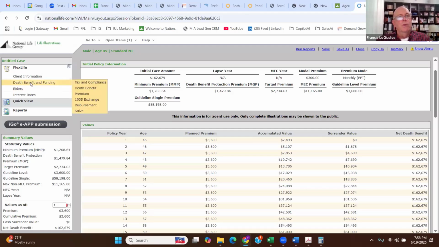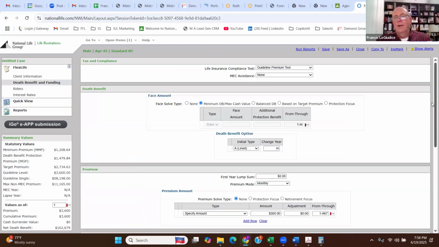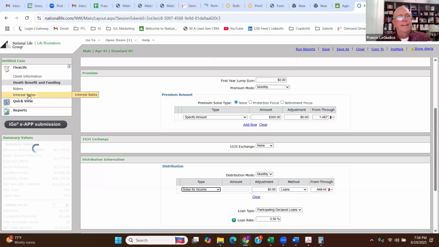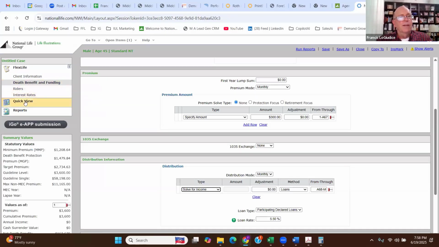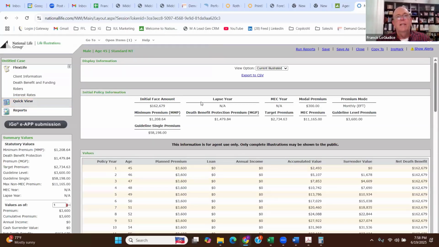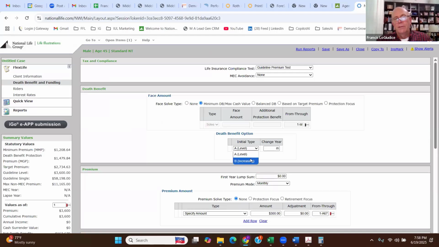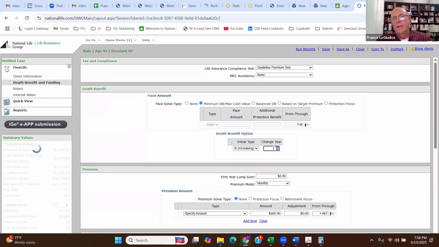Again, you're going to do it through this death benefit and fund. I mean, this solve for income here. Okay. And then all you're going to have to do is just sort of play with it. You've got to get it to the lowest amount, meaning you would have to make this level increasing in 1 year past funding it.